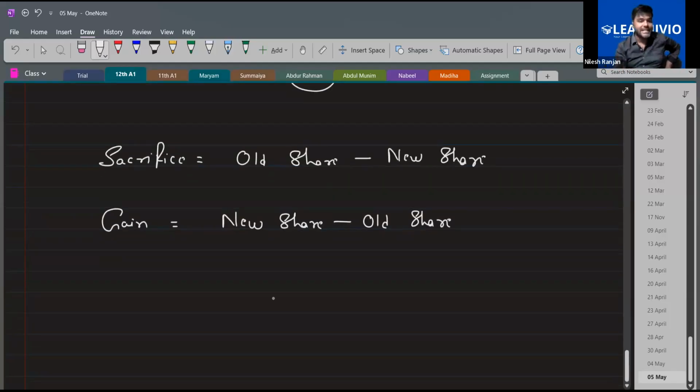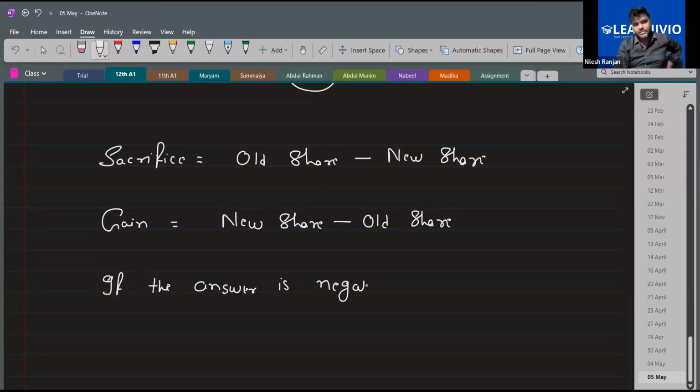If the answer is negative, it will be the opposite of the formula used.